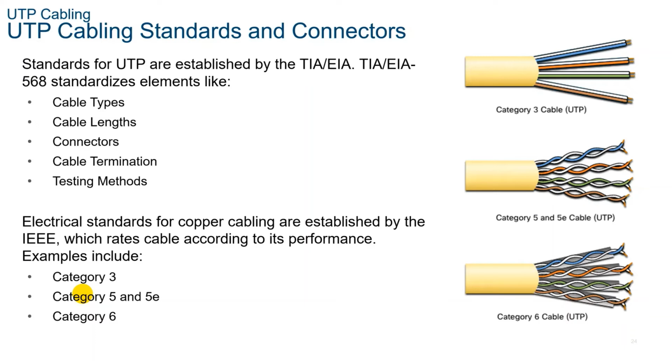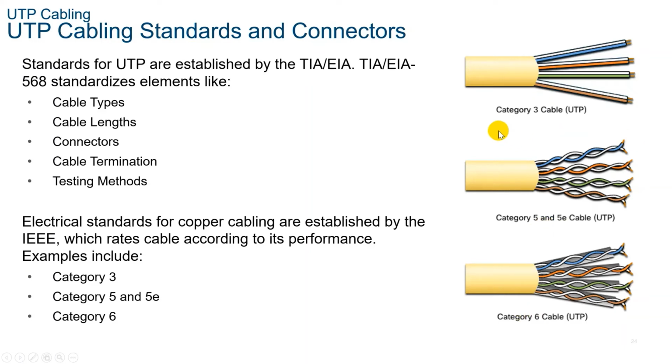As new gigabit speed Ethernet technologies are being developed and adopted, Category 5E is now the minimally acceptable cable type, with Category 6 being the recommended type for new building installations. The figure shows three categories of UTP cables: Cat3, Cat5 and Cat5e, and Cat6.